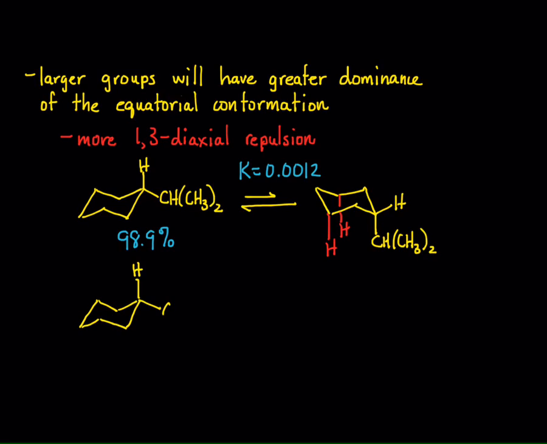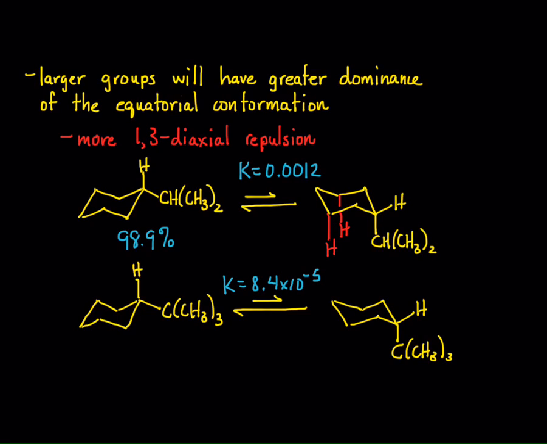And I can even go one step further and put a tert-butyl group on, and I see that in the equilibrium between the equatorial and the axial, K for this is 8.4 times 10 to the minus fifth. That's 0.000084, okay?